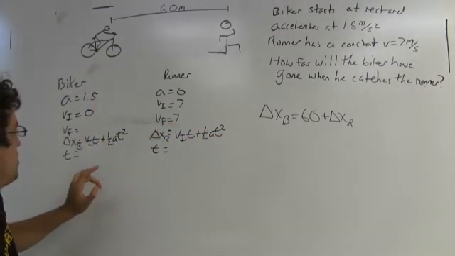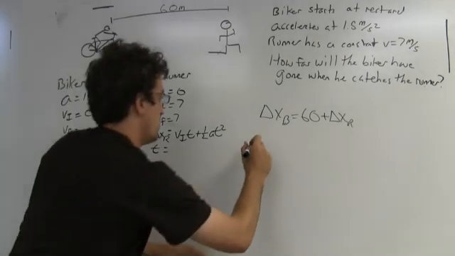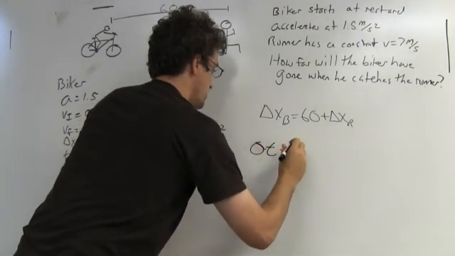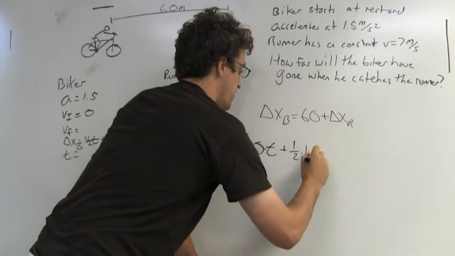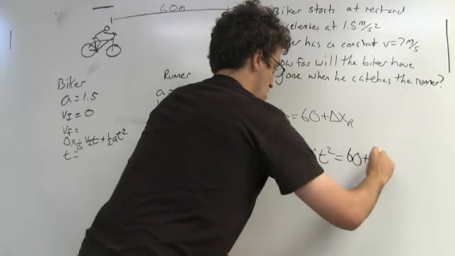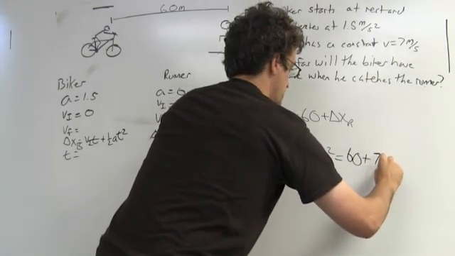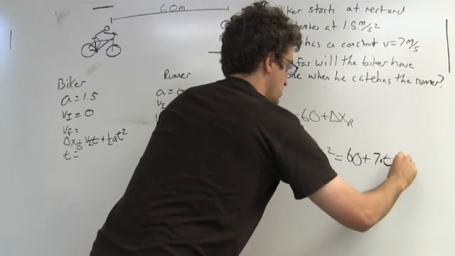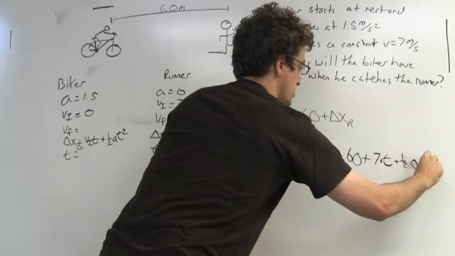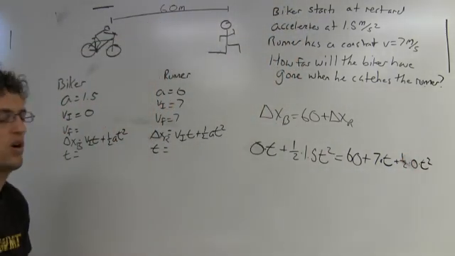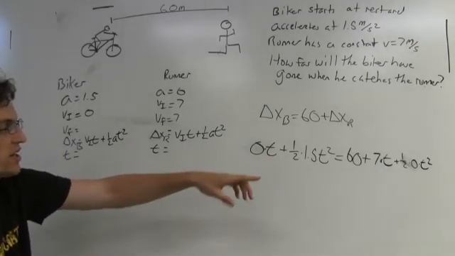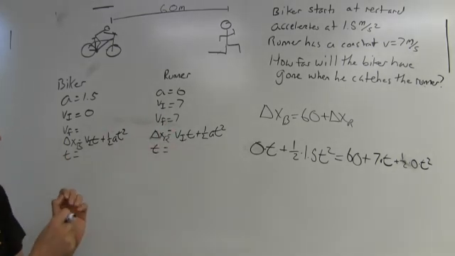And so we get the initial velocity, which is 0, so 0 times time plus 1/2 times 1.5 times t squared equals 60 plus 7 times t plus 1/2 times 0 times t squared. Now, it's really important that we know time is the same for both the biker and the runner. Otherwise, we can't solve that equation because they're different times. But we do know they're the same, so we can solve it.